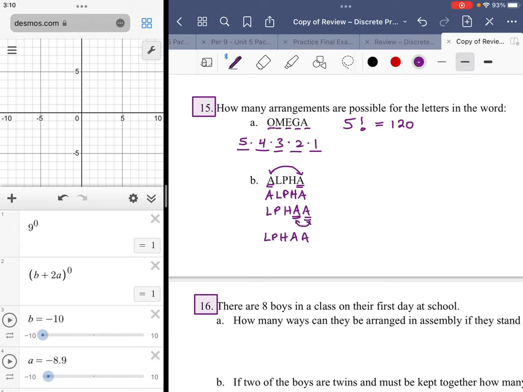So the way to handle that would be to count up the letters in the word alpha. There's 5 letters, so 5 factorial. Without restriction, that would give us 120 arrangements.